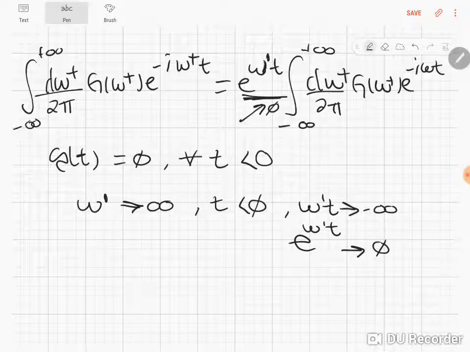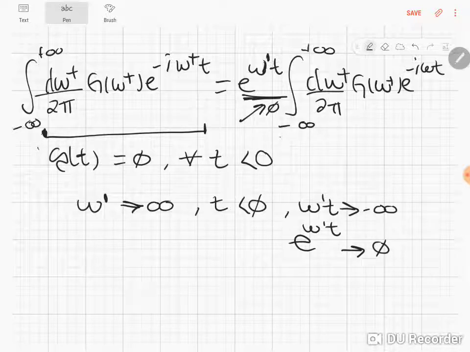So this is the first thing. For t less than 0, omega prime is positive and large. So we have to choose a way in which this integral is calculated in such a way that in the complex plane, the omega pluses have positive imaginary part.